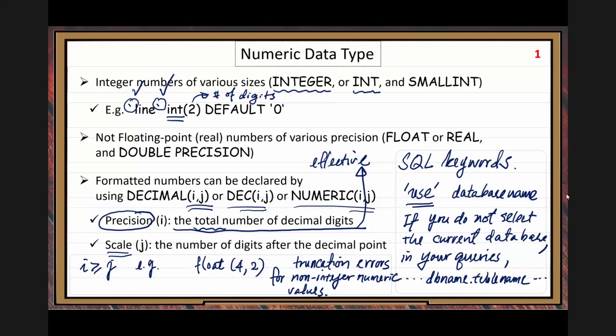Small errors could accumulate and become larger and larger. All right? So here, let me give you a simple example of truncation errors. Because inside the computer, we know the computer uses the binary system, right? The computer uses the binary system.